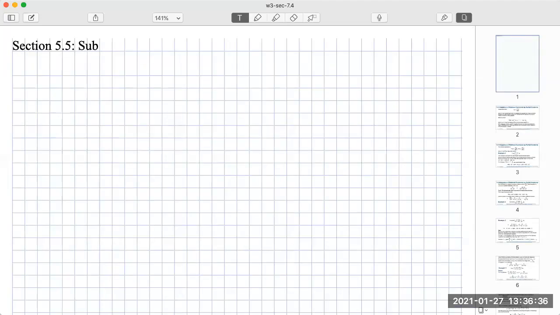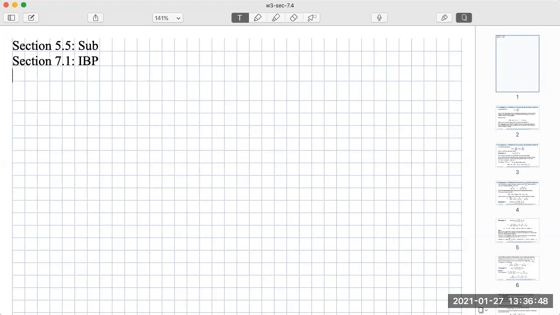Section 5.5, we studied substitution, right? Section 7.1, what did we study? Yes, integration by parts, review them. Section 7.2, what have we done? Right, integrals of trigonometric functions.